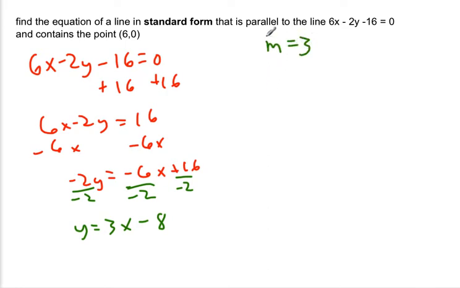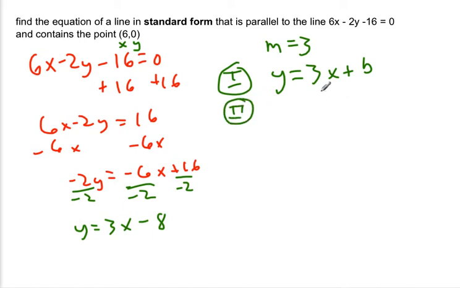Okay, so now we have a slope, we have a point, we have an x and a y value. So let's rewrite. We have y equals 3x plus b will be our new line. That's rewritten in slope-intercept form. So let's plug in values for x and for y. So y is 0. So 0 equals 3 times 6, right? x is 6, plus b.